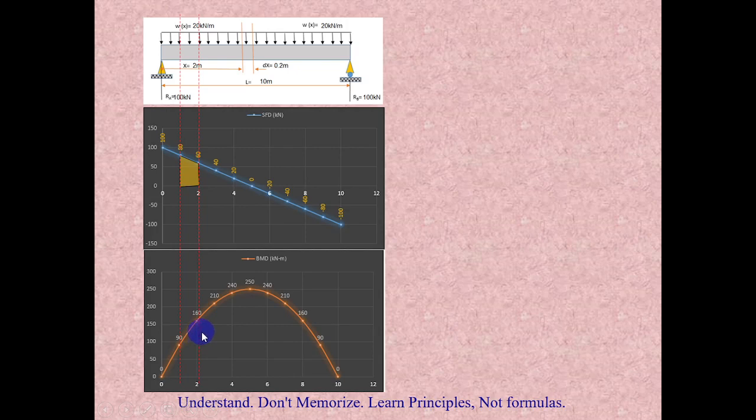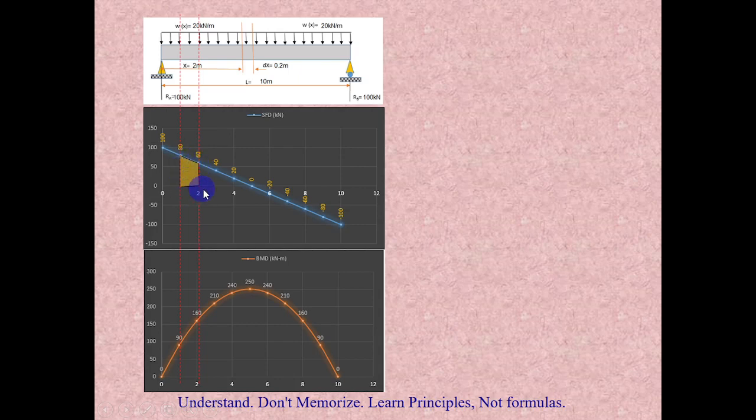So what it is telling us is that if the bending moment is changing, the difference between these two is equal to the shear force between these two sections. The area of this shaded portion of the shear diagram will be equal to the shear between these two sections.